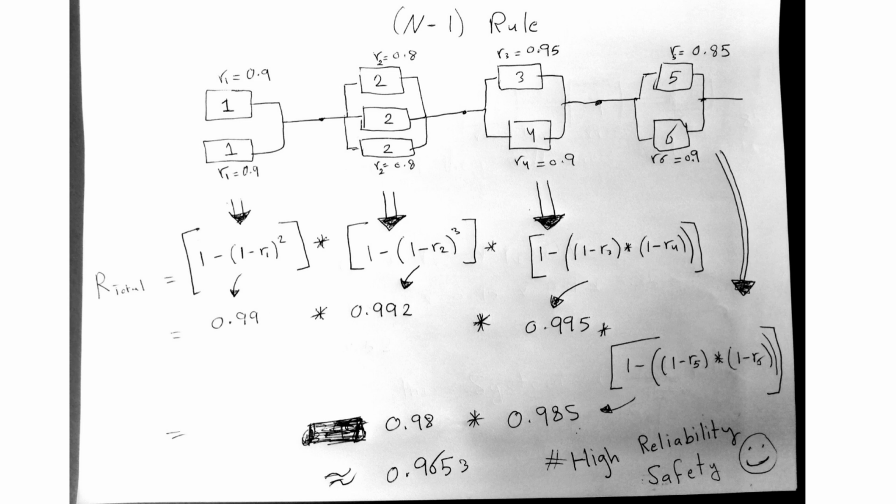After calculating the reliabilities of all the stages, the R total, which is the product of all of them, is 0.9653, which is very high reliability and a very safe system. So we can see adding parallel alternatives to each stage of the system makes the system reliable.